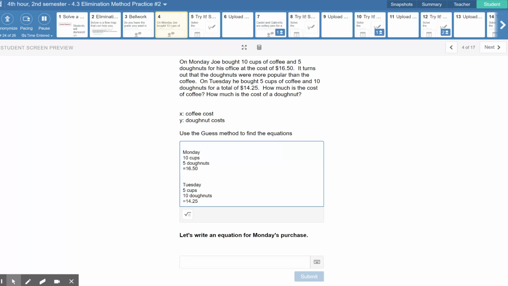So make sure when you are doing this that you write the decimal point, because if you don't, there will be an error in your numbers. Now, if you notice, it says let X be the coffee cost and then Y be the donuts cost. So we know that X is the coffee, so that's 10X, plus the Y is the cost of donuts, equals the $16.50.